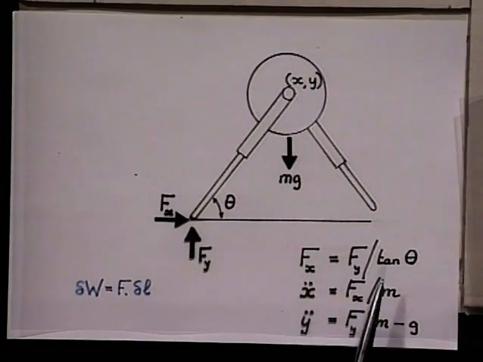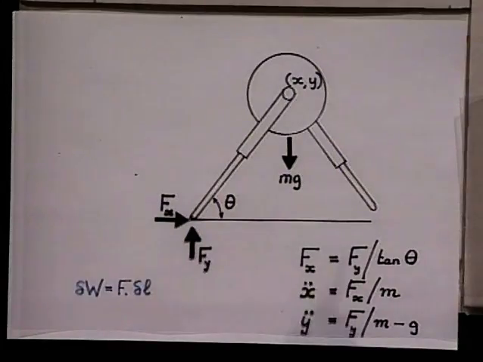We'll write some equations. First of all, we'll say the horizontal force equals the vertical force divided by the tangent of the leg angle. Now, what that is saying is that the resultant force on the foot acts in line with the leg. And we observe that to be true in real walking.